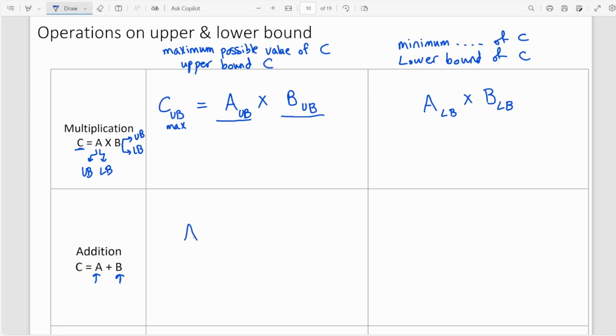So you would take A upper bound and add it to B upper bound, if you want to achieve the maximum of C. Everything on the left-hand side over here will be the max of C. Now, if you want to achieve the minimum of C or the lower bound of C, then you would take the lower bound for A and add it to the lower bound of B. Okay? This way you would have the minimum possible value for C.